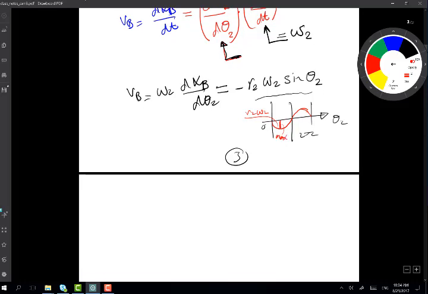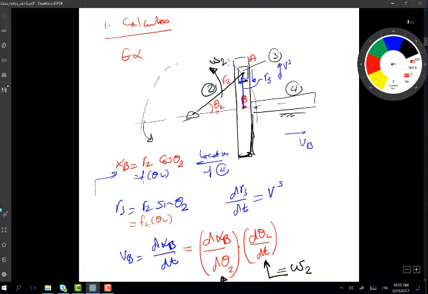So you can get information, and then you can tell that the slider 4 stops when theta 2 is equal to 0: VB is equal to 0. When theta 2 is equal to pi, VB is equal to 0 because the slider has stopped at the other end over here. So this gives you the two stationary positions of the slider.